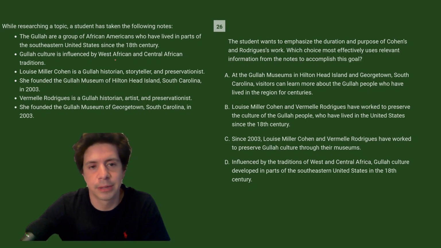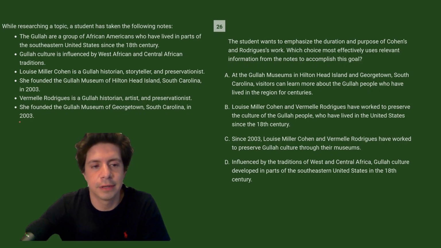Gullah culture is influenced by West African and Central African traditions. Louise Miller Cohen is a Gullah historian, storyteller, and preservationist. She founded the Gullah Museum of Hilton Head Island, South Carolina in 2003. Vermelle Rodriguez is a Gullah historian, artist, and preservationist. She founded the Gullah Museum of Georgetown, South Carolina in 2003.